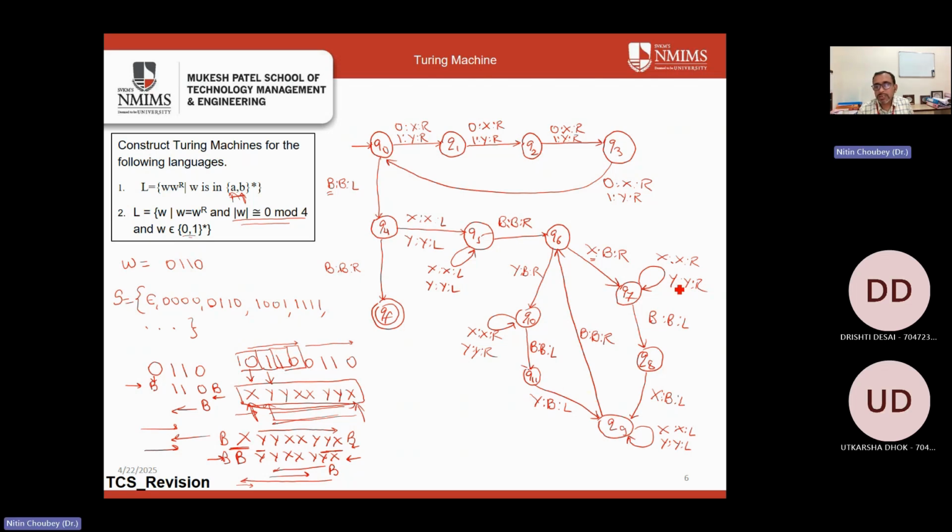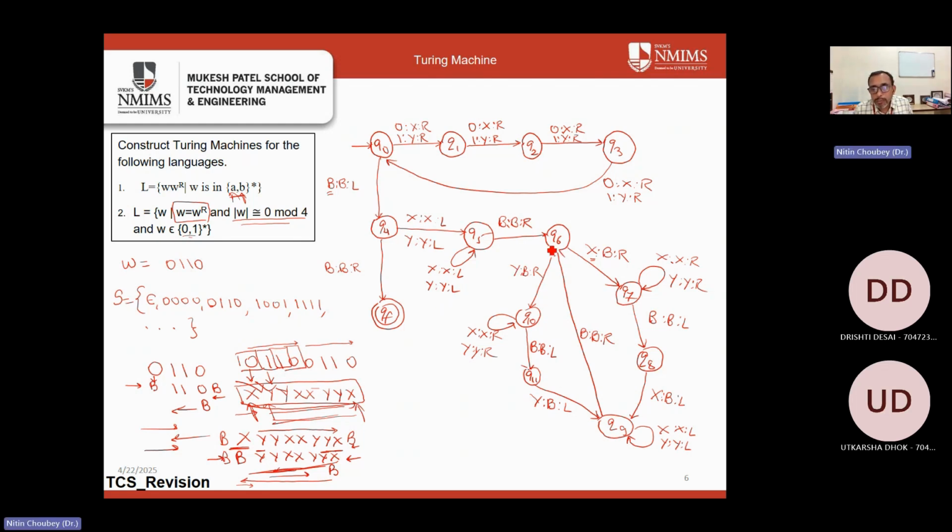This task will continuously be repeated till, in this input at Q6, in the place of getting either X or Y, you get blank. It will indicate that your X and Y's are over and they were of the pattern of WWR. That's the indication if you get blank in Q6.